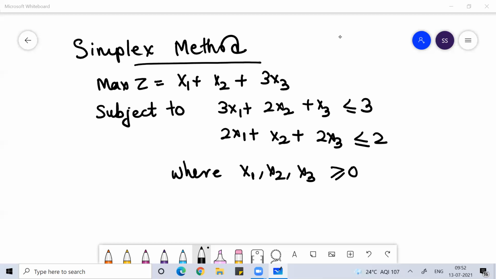Whenever we have a simplex method problem, we need to make sure that our objective function is maximization.